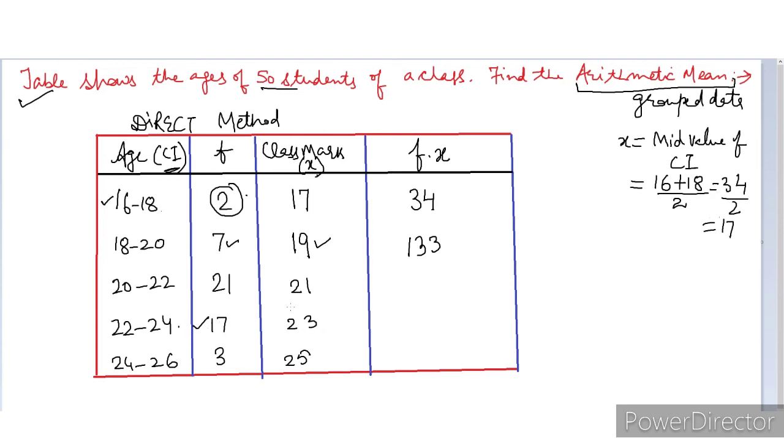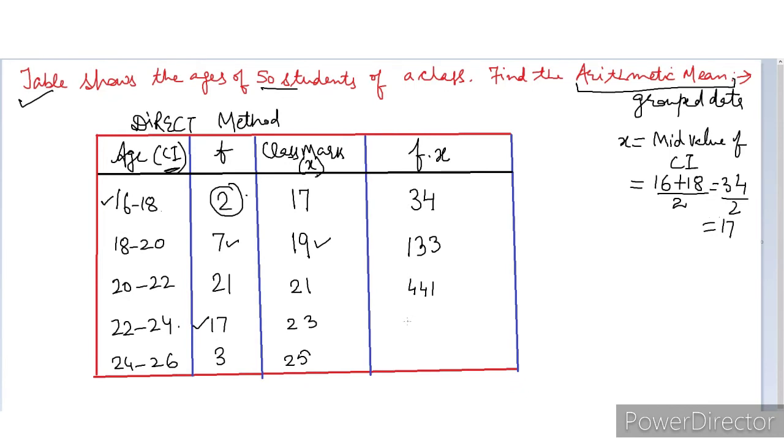Then 21 21s will be 441, right? And 17 multiplied by 23 we also have to do, then 3 multiplied by 25. So 17 multiplied by 23 will be 391, and 25 multiplied by 3 will be 75.